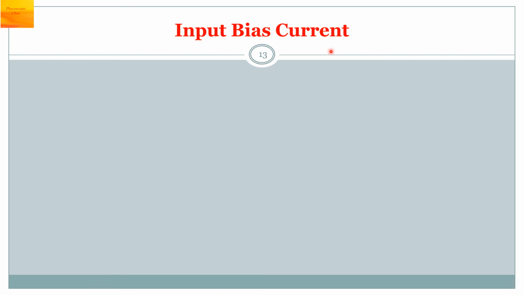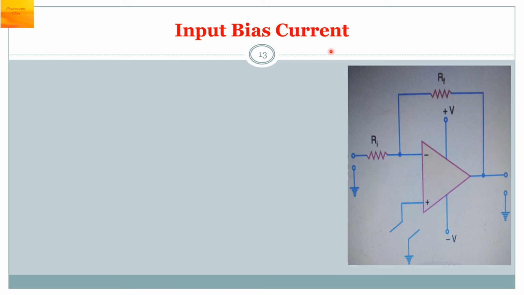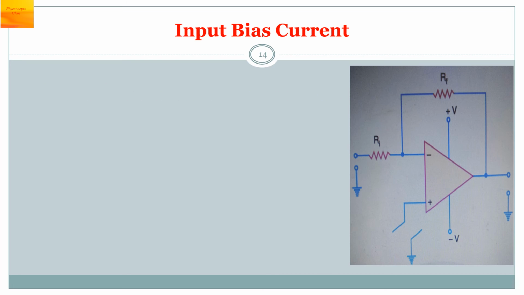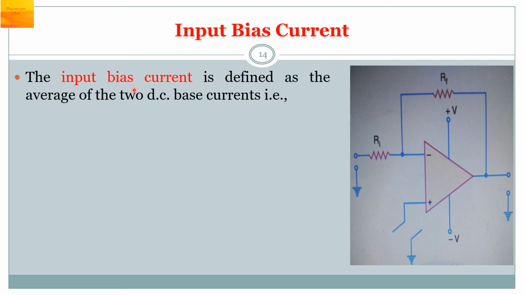Input bias current. The inputs to an op-amp require some amount of DC biasing current for the transistors in the differential amplifier. The input bias current is defined as the average of the two DC base currents, that is, I-in bias is equal to IB1 plus IB2 divided by 2.